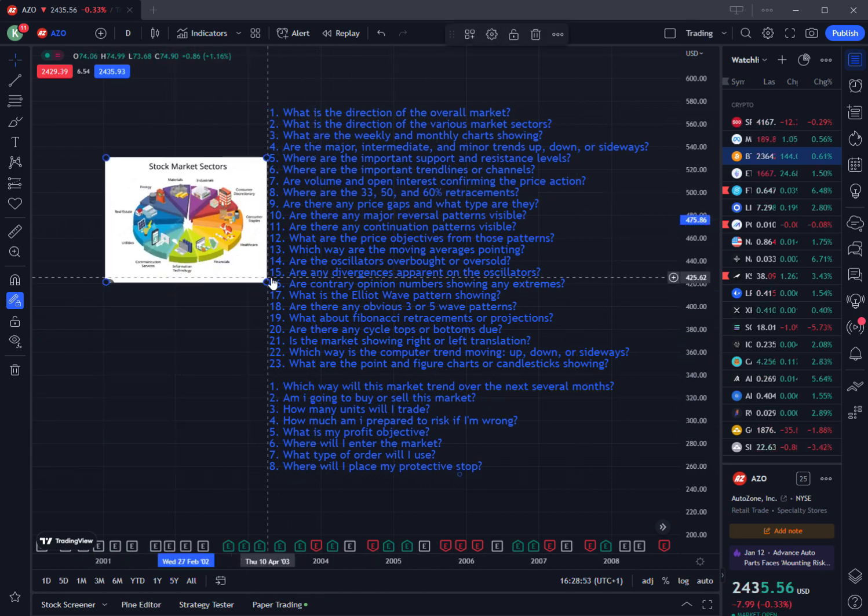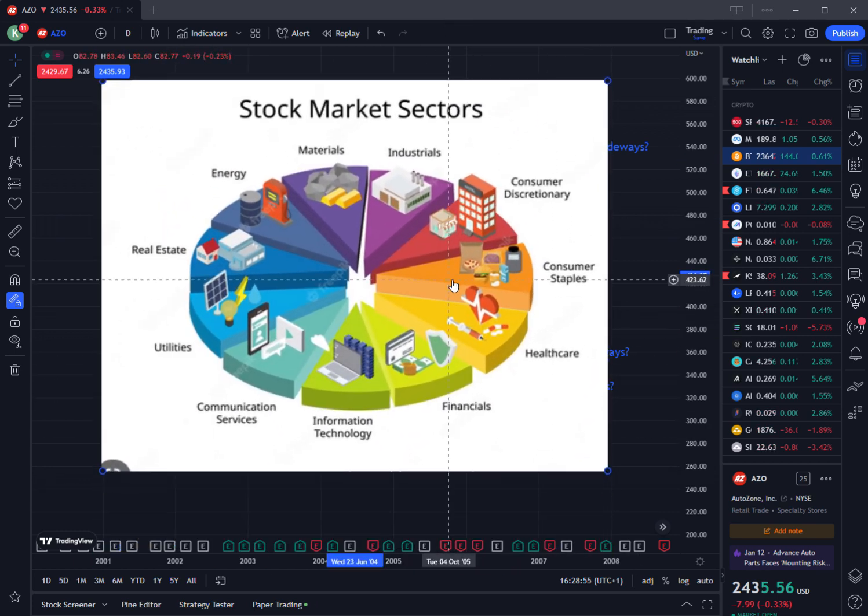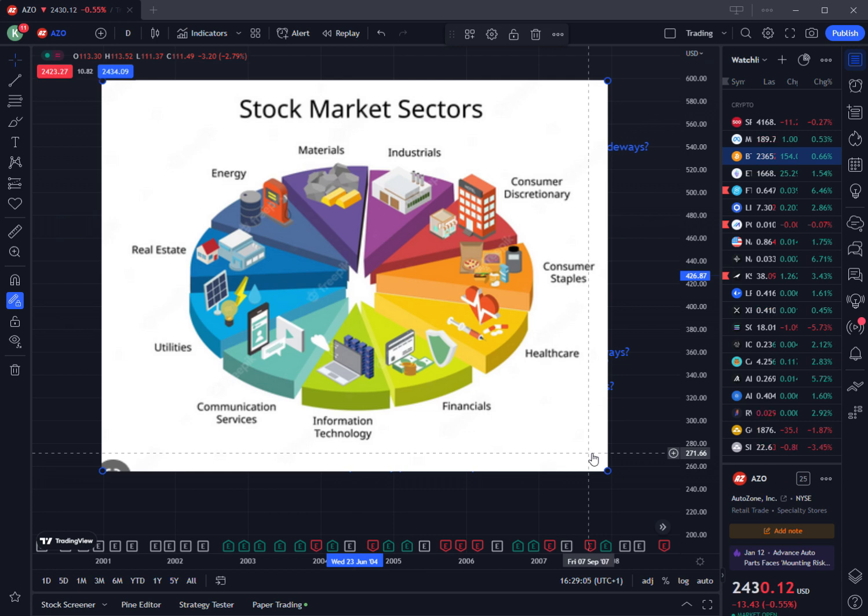Second one, what is the direction of the various market sectors? These are all these sectors, and they look pretty cool in the picture. But you can just see, if information technology is doing great, communication services is doing great as well. But some don't work together that great. I guess most of them have to play together in a market.